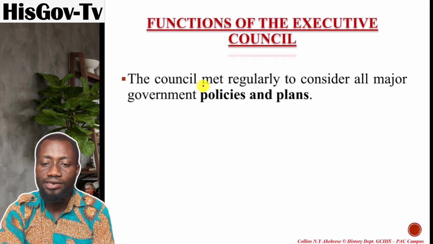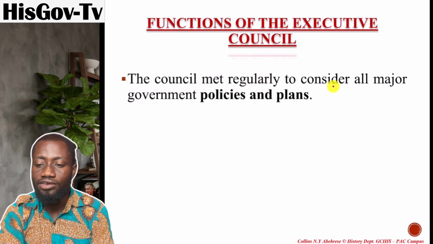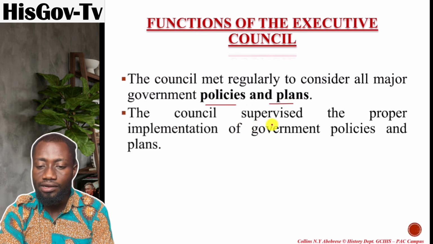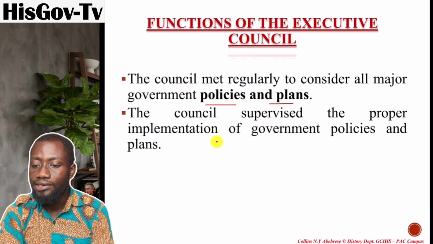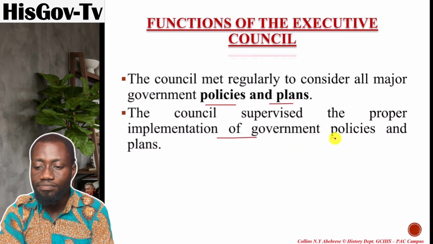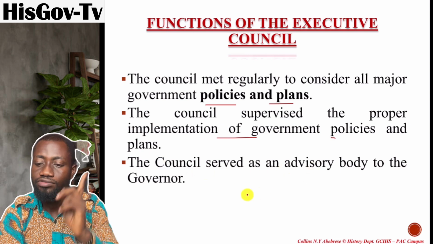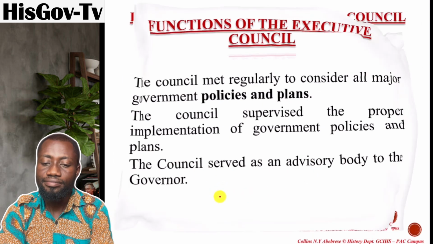The first one was that the council met regularly to consider all major government policies and plans. The council also supervised the proper implementation of government policies. And then the council served as an advisory body to the governor.